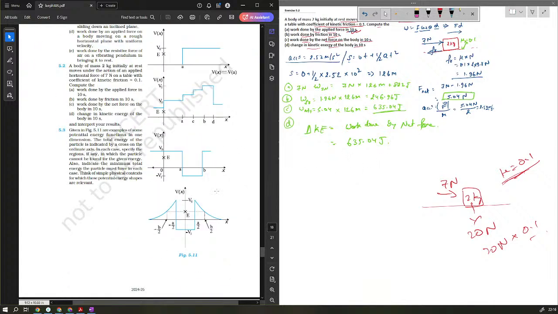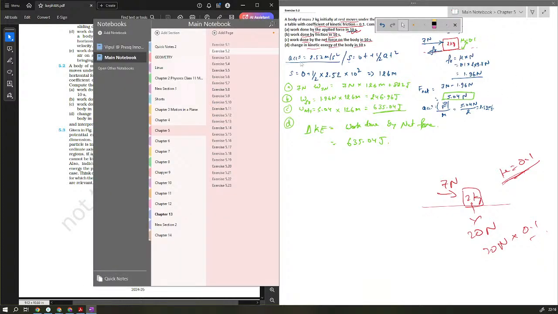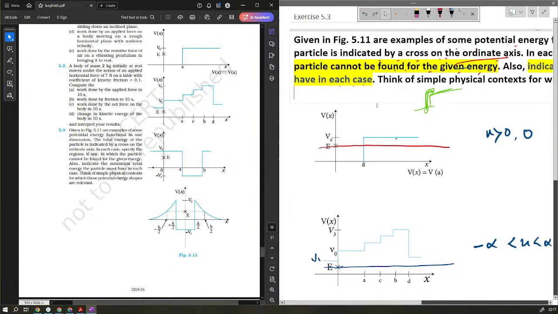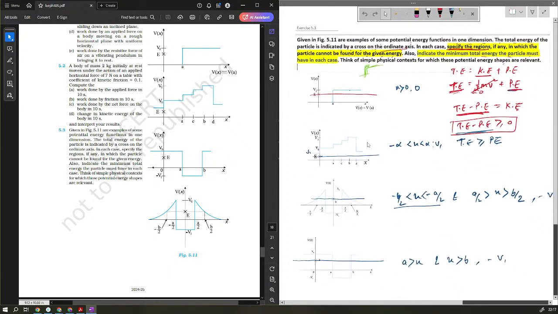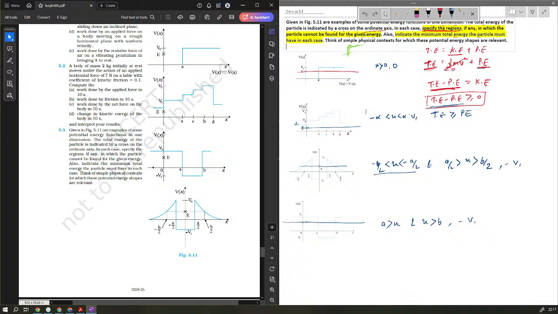Now the third question is: given in figure 5.11 are examples of some potential energy functions in one dimension. The total energy of the particle is indicated by a cross sign on the ordinate axis, that is the y-axis.